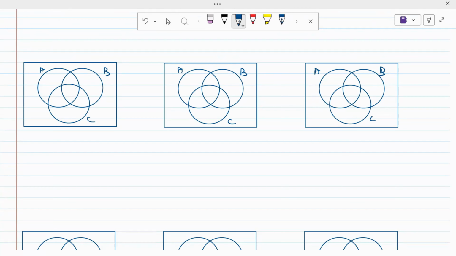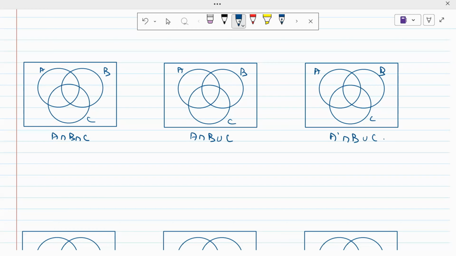Let's say the first one we have to do is A intersection B intersection C. Then let's say we have A intersection B union C, or A complement intersection B union C maybe.